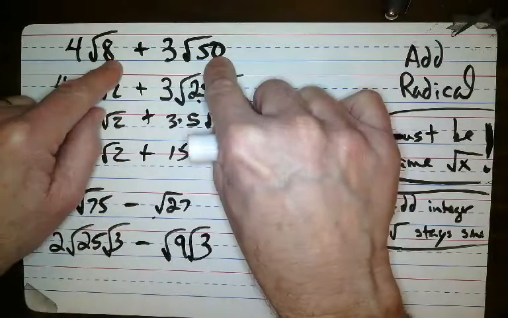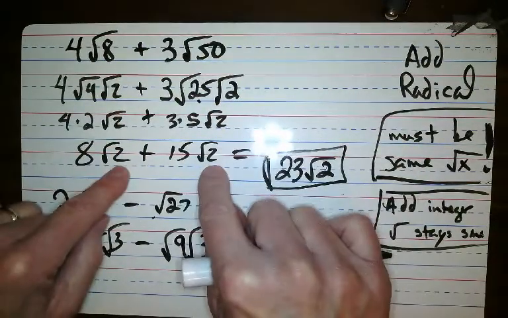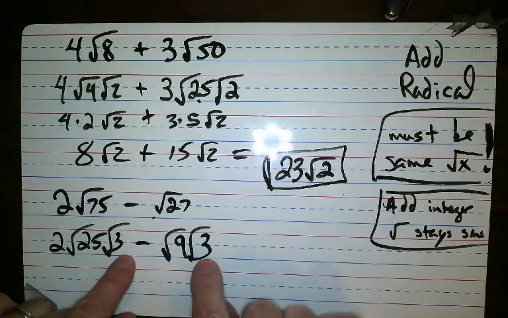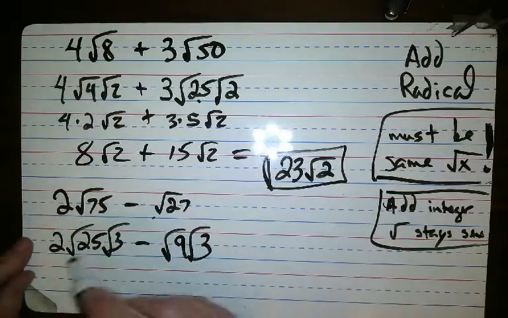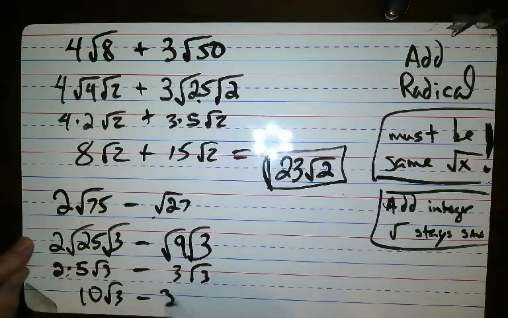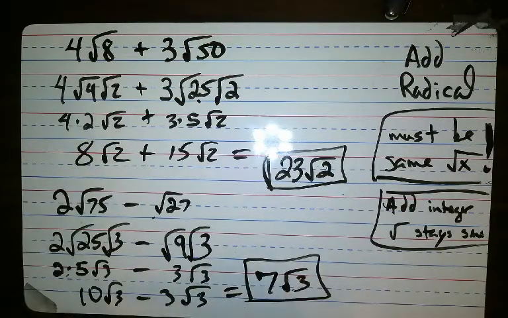They started off not having the same radical, but you can make them have the same radical. So it's 25, that's 5 times 2 times radical 3 minus 3 times radical 3. So 10 minus 3 is 7 radical 3. Bing. Yay!